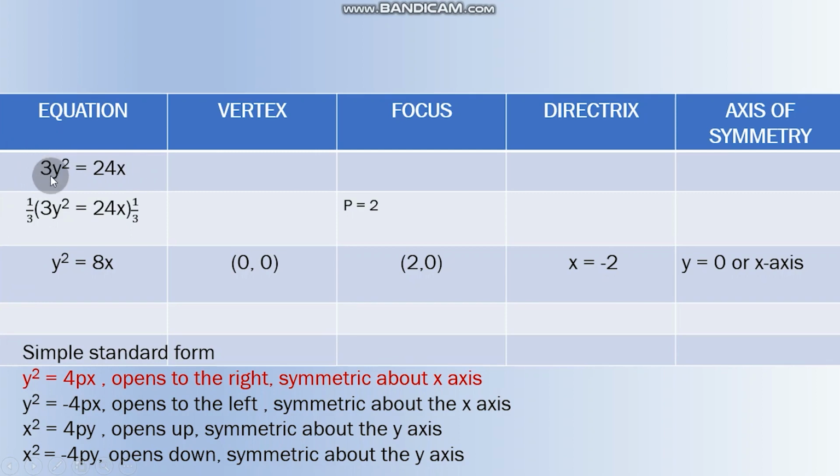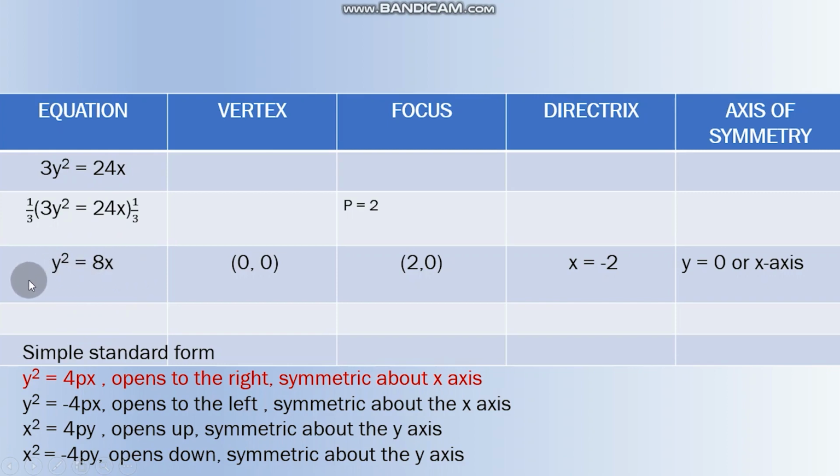To do that, we divide both sides by 3, which is the same as multiplying by 1/3. Multiplying both sides by 1/3 cancels out the 3, so what remains is y squared. And then, 24 divided by 3 is 8. So, we have this new equation, y squared is equal to 8x, the simplest form of our parabolic equation.